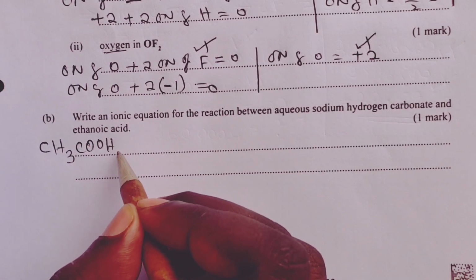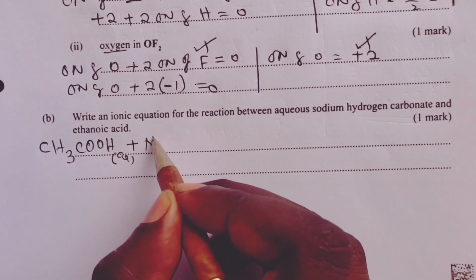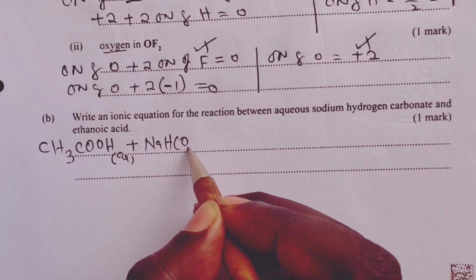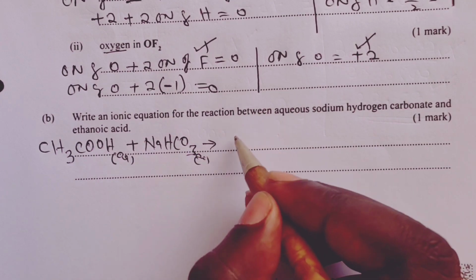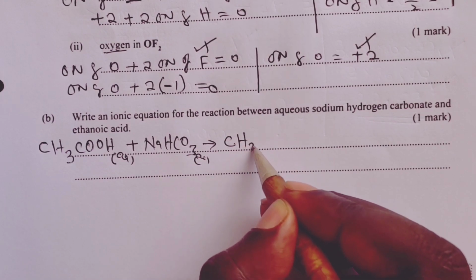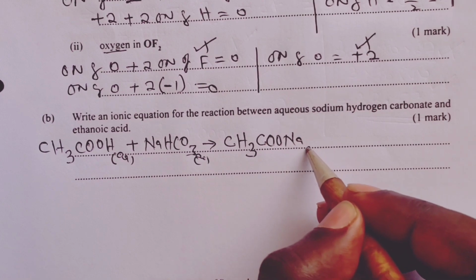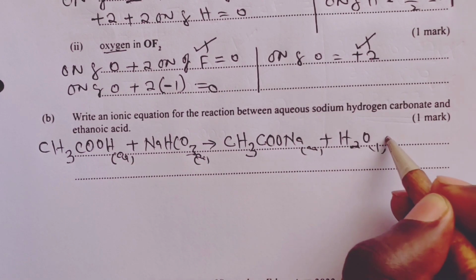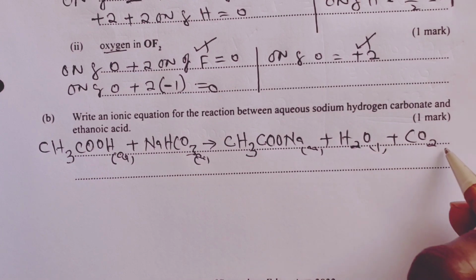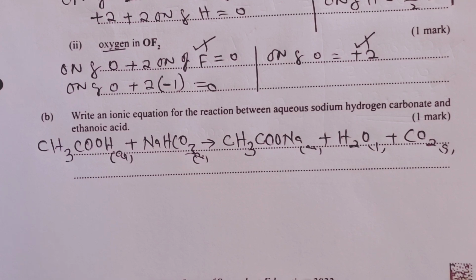That is my ethanoic acid, aqueous, reacting with sodium hydrogen carbonate, another aqueous solution. I'm supposed to get sodium ethanoate, CH3COONa, aqueous, and of course water as well, and carbon dioxide. It is a normal balanced chemical equation.